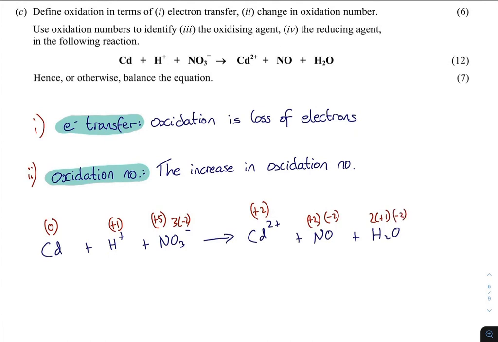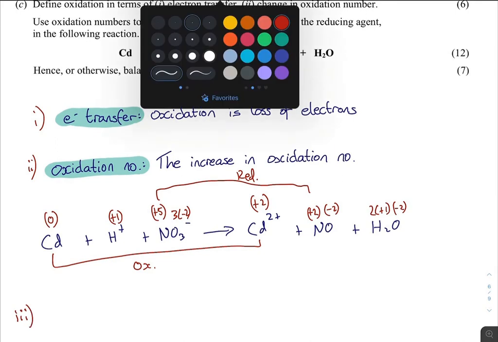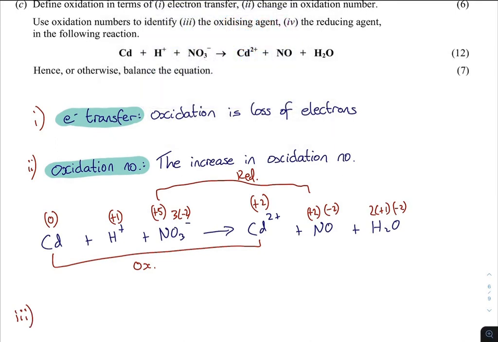Okay, so if we're balancing this now, guys, cadmium is going from 0 to +2, so it's been oxidized. And nitrogen is going from +5 to +2, so it's being reduced. So we refer to the oxidizing agent, part 3. Oxidizing agent is always itself being reduced. So in this case our oxidizing agent has to be the nitrogen, the NO3-.